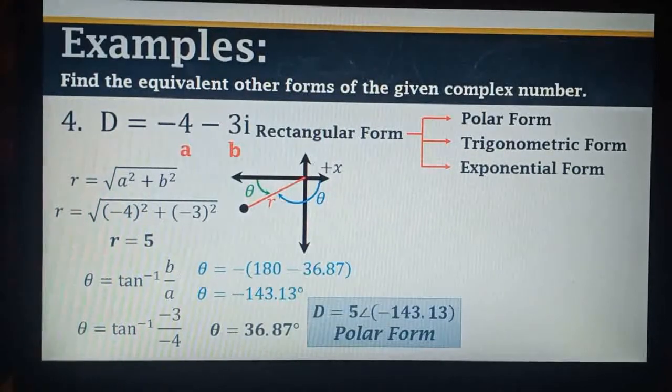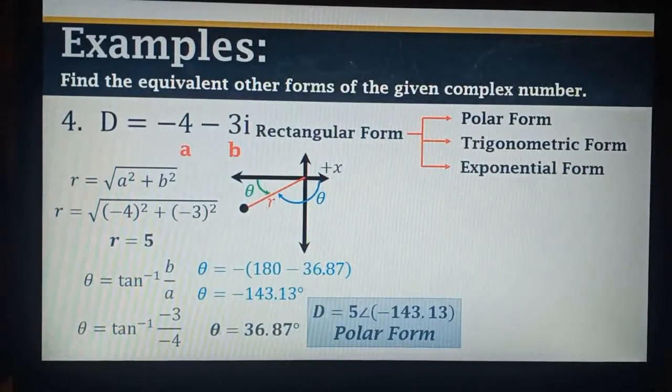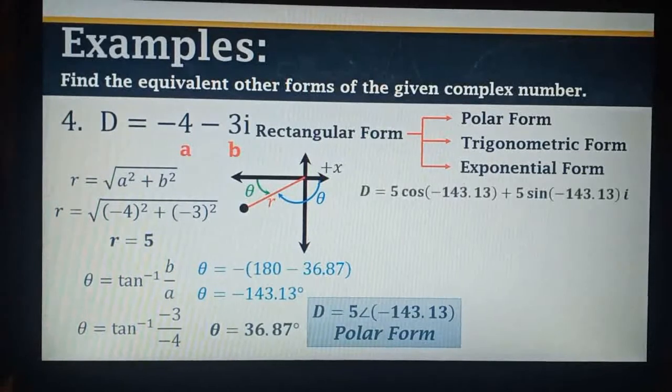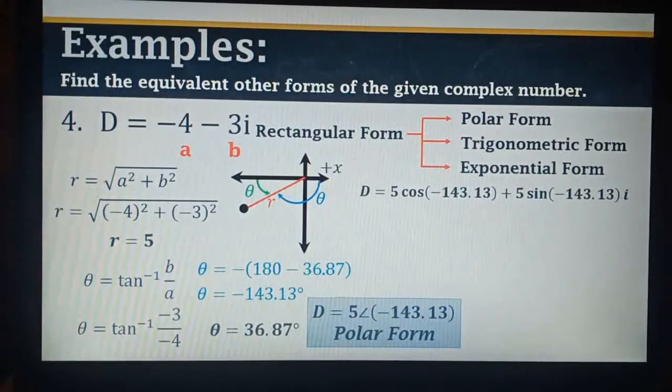So the polar form is 5 angle of negative 143.13. Then for the trigonometric form, you have d equals 5 cosine of negative 143.13 plus 5 sine of negative 143.13i.